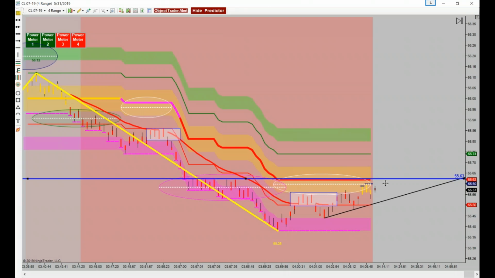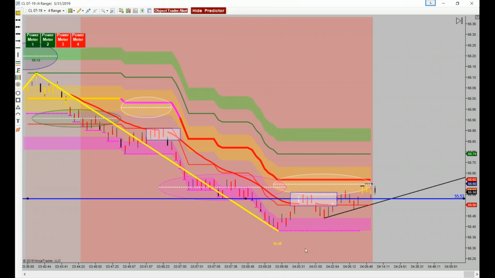Now that should give us a little black bar if it takes out that right there. Let's see if it does. Yep. Okay, so you're in the trade. Broke that trend line too, didn't it?